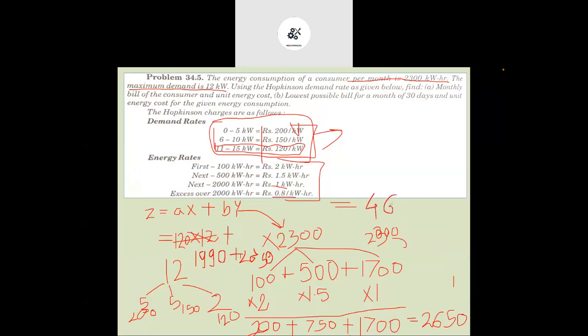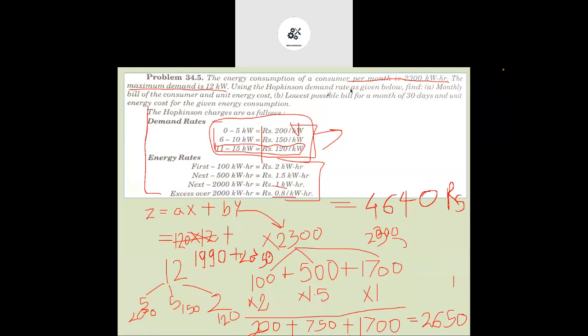So the total energy cost will be 4640 rupees. That is your total amount.